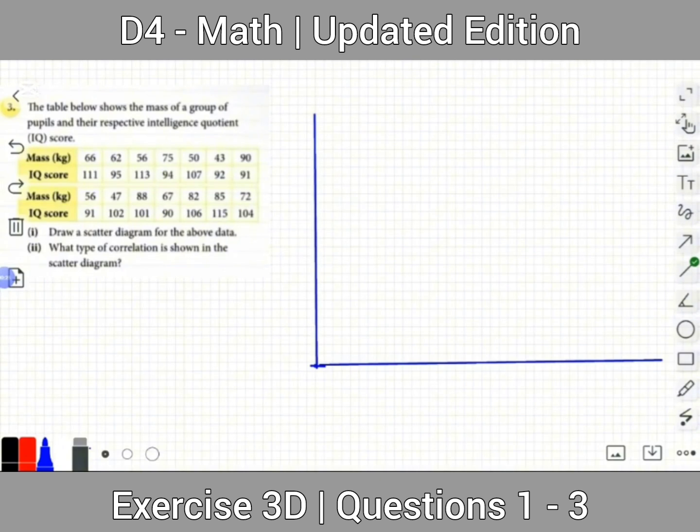To draw a scatter plot, along the x-axis we will take mass in kg, and along the y-axis we are taking IQ score.